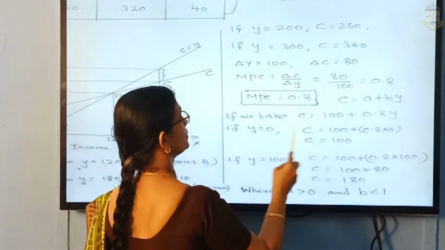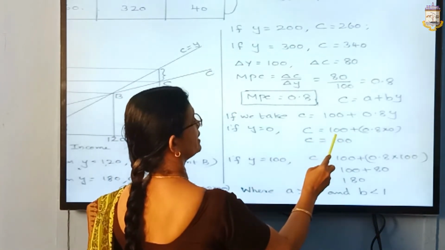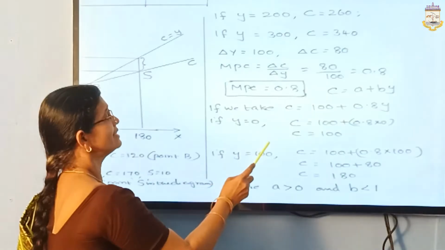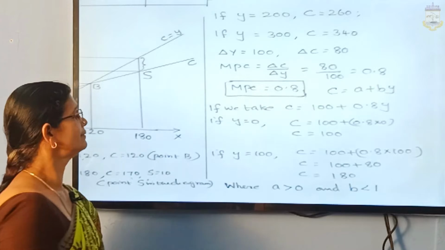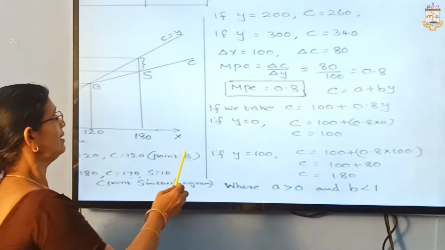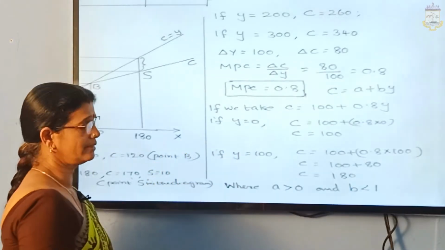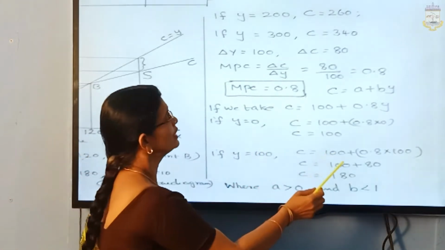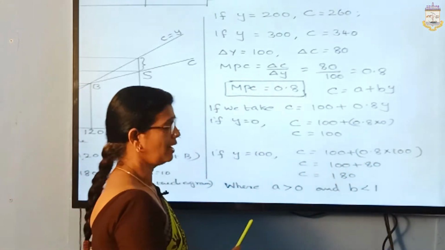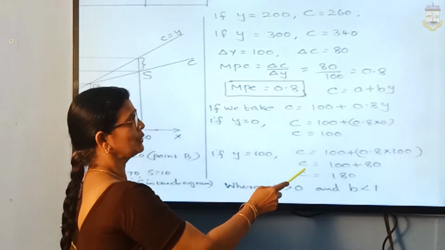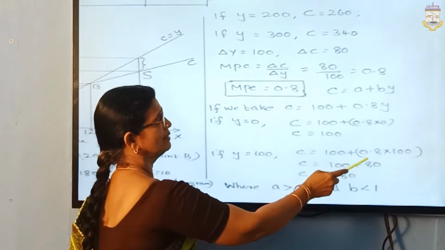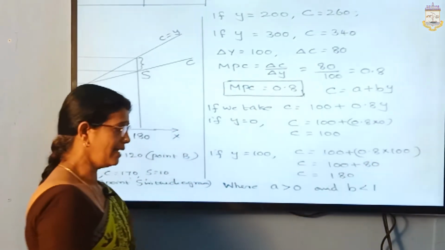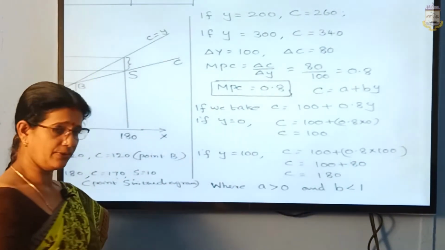You substitute this: 100 plus 0.8 into 0, C equal to 100. Then in another example, if Y equal to 100, what is C? C equal to 100 plus 0.8 into 100. That is C equal to 100 plus 80. 0.8 into 100 is 80. So in this case, C equal to 180.